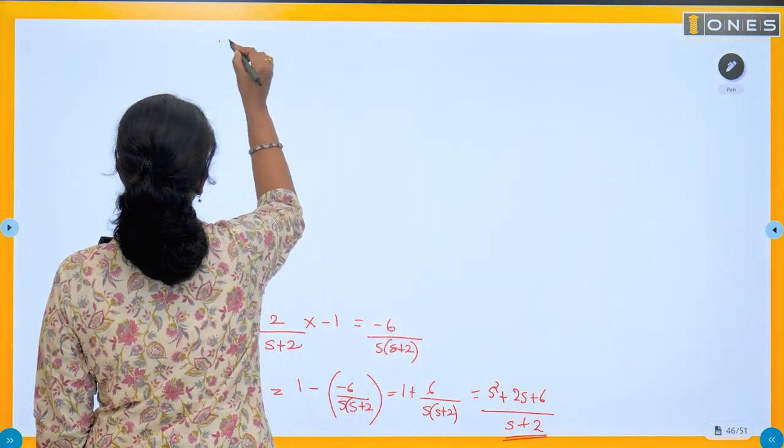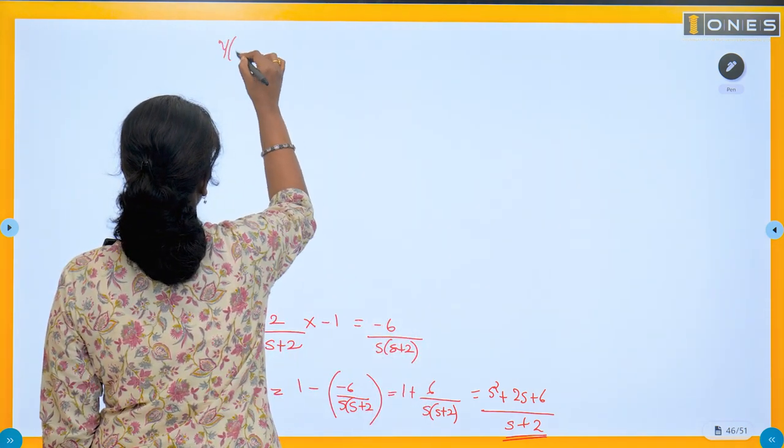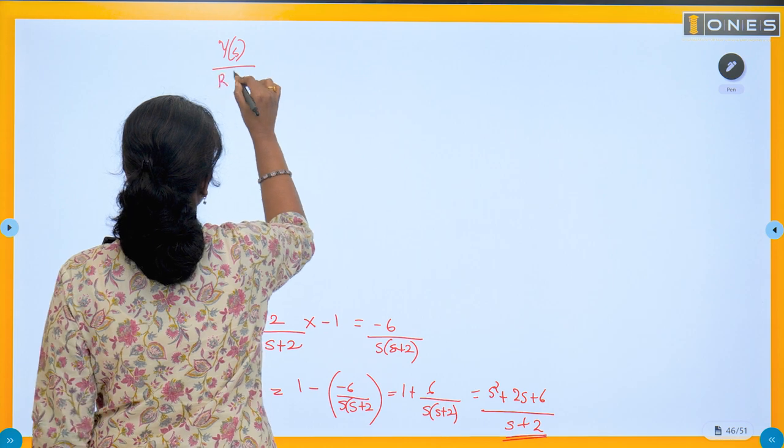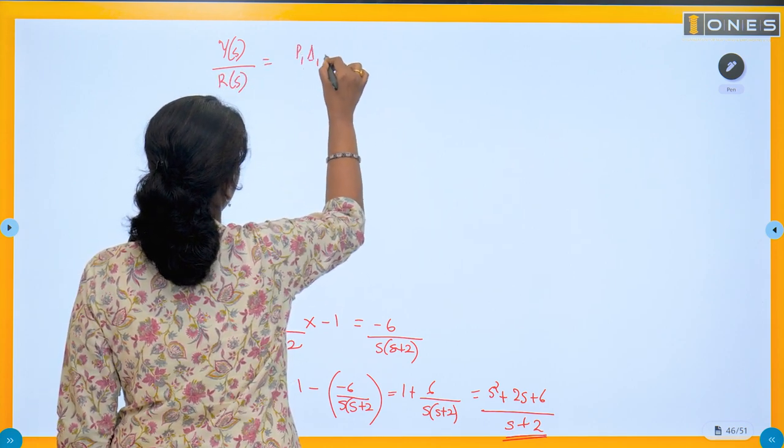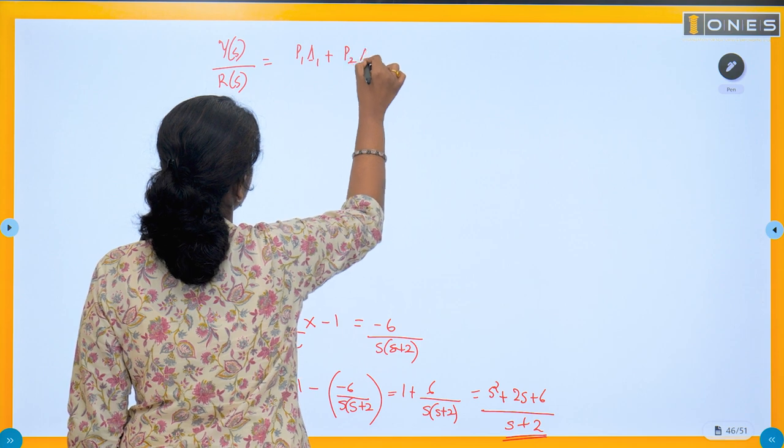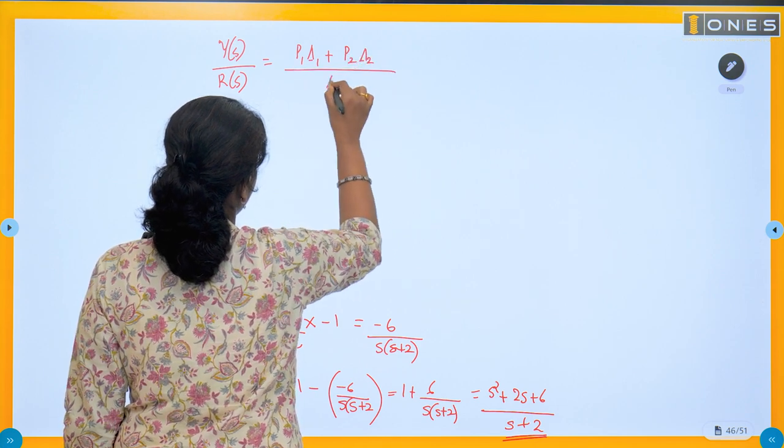So C of s by R of s is equal to p1 del 1 plus p2 del 2 divided by delta.